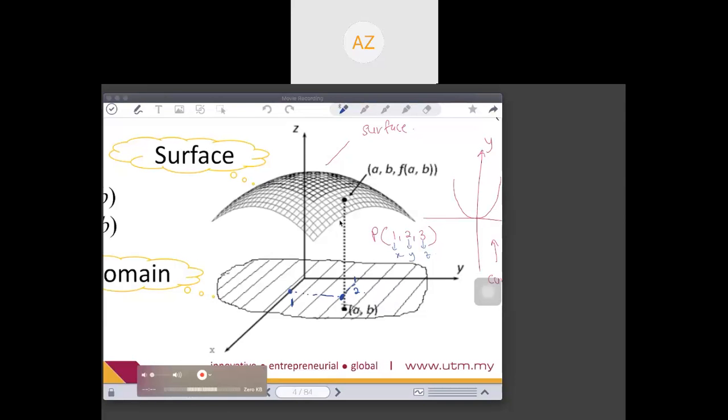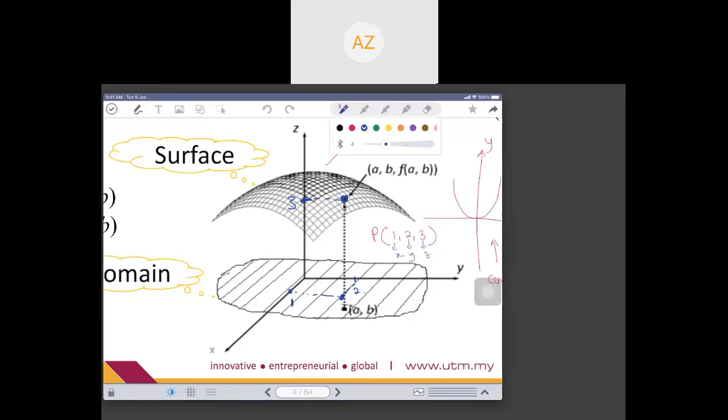And then where is the 3? The 3 belongs to z, so you just project, and let's say that point is 3. That is the point P (1, 2, 3). That is only a single point.